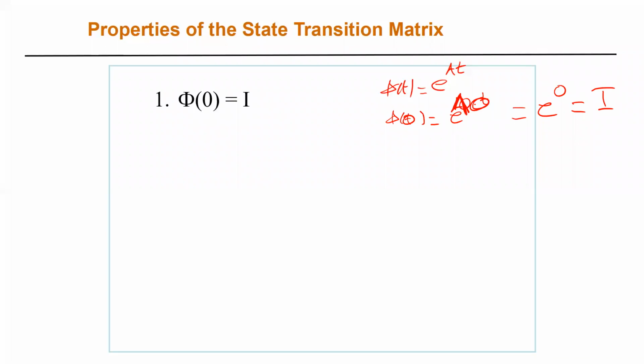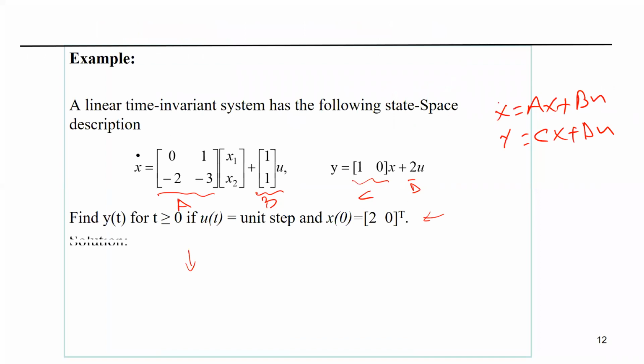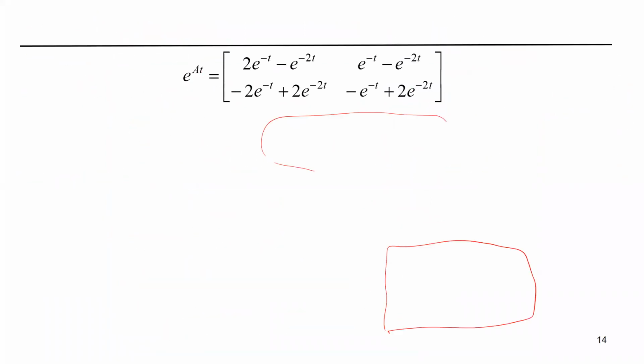And this is important. When you get your state transition matrix, check if phi of 0 is identity or not. If it's not identity, then you are making a mistake. Let's take this state transition matrix. Now substitute 0 in here for t.